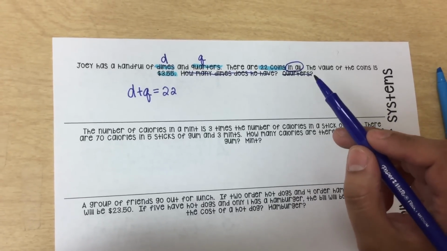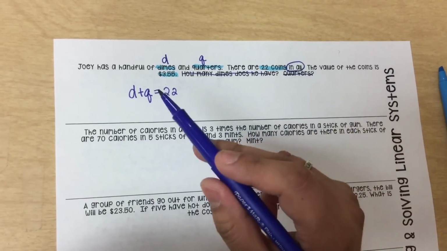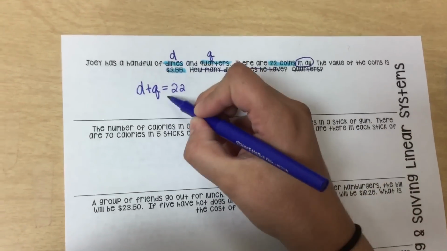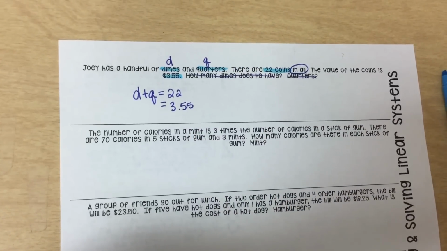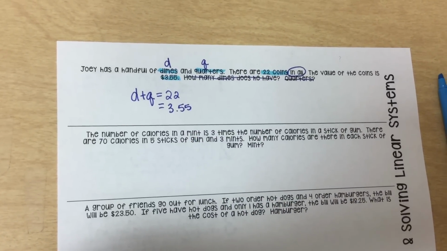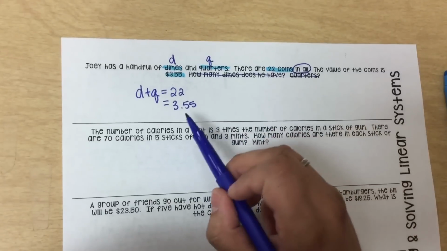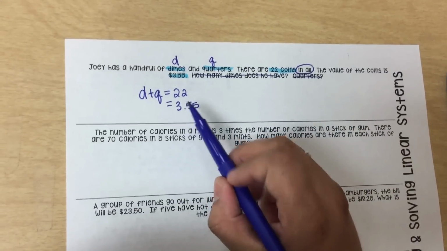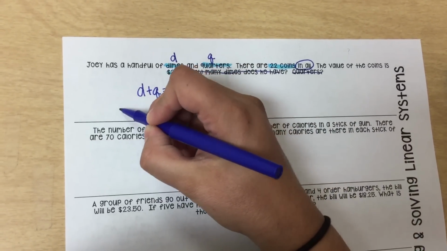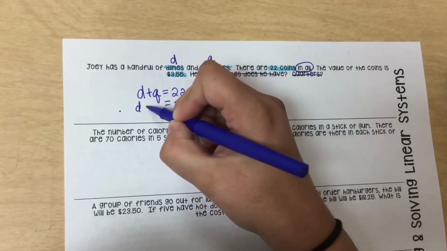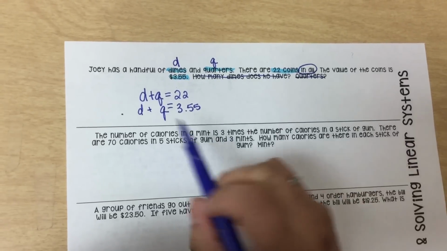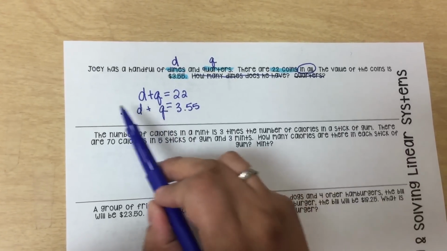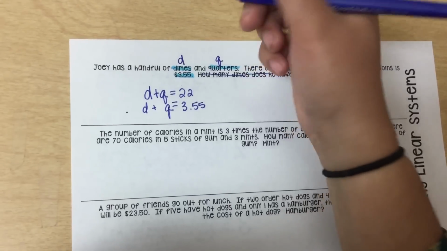Okay, the next part says the value of the coins is $3.55. So we are not going to have any more than $3.55. In order to get this, we have to add together however much the dimes are worth and however much the quarters are worth. This isn't simply adding the coins together; we need to add the worth in with it.